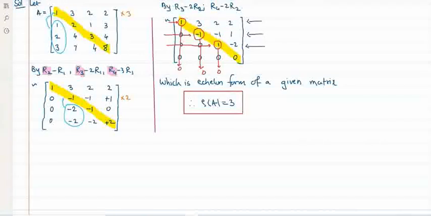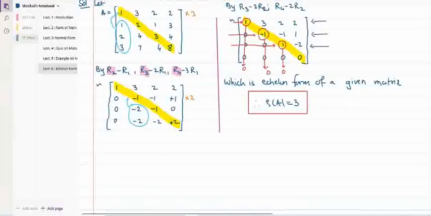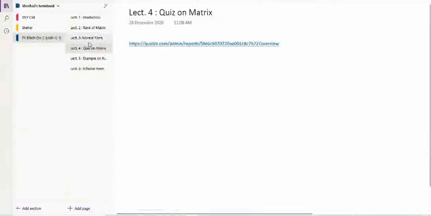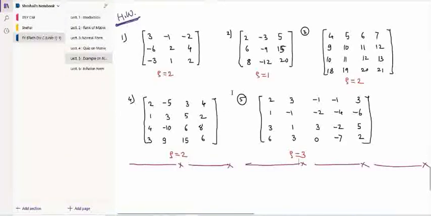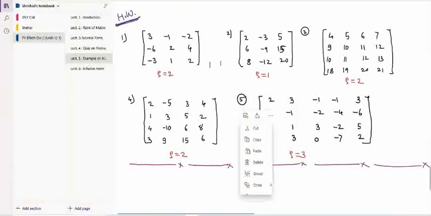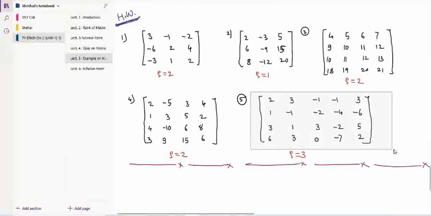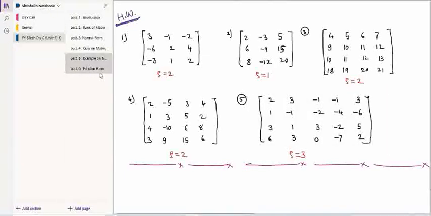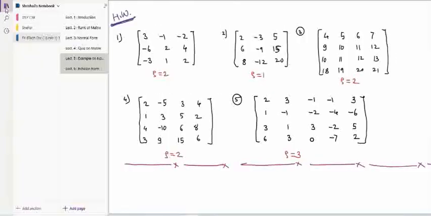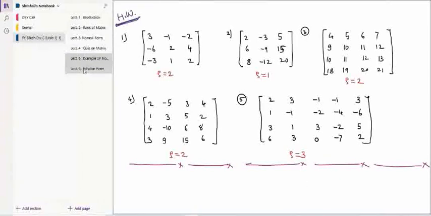So one example I will take from the last class, that homework I was given, this one. Is it possible to copy? Okay, this example I will take. You told that answer is 3. We will verify that. This example I will copy, Control C. Why it is not working properly?